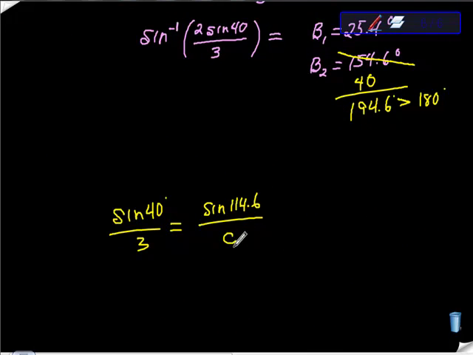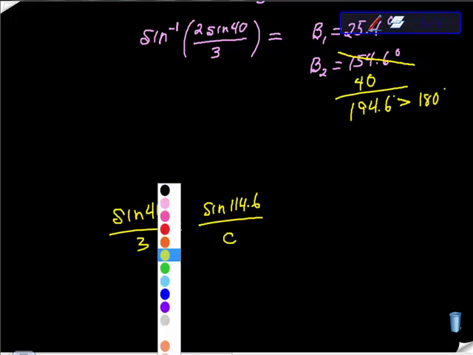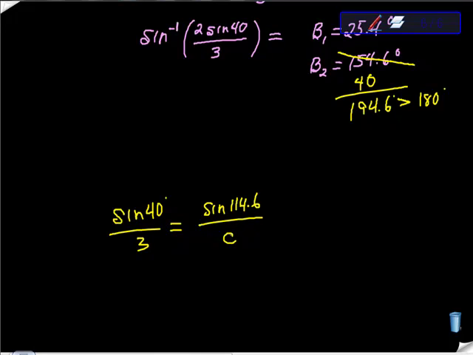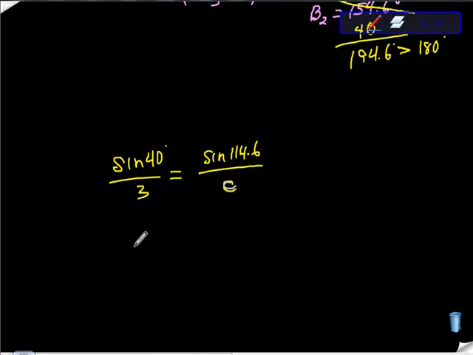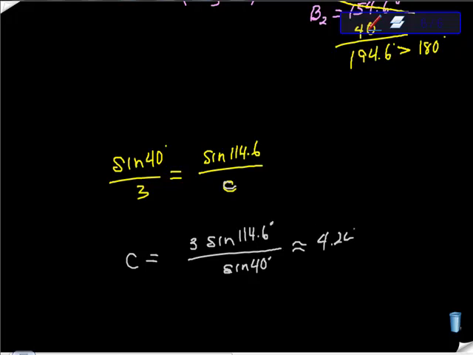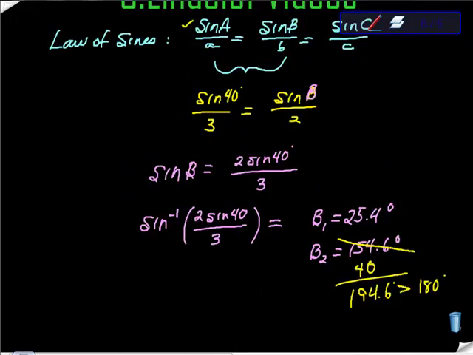Then we push through the math, solving for this value c. We do our algebra, and we get c is equal to 3 sine 114.6 degrees all over sine 40 degrees. That's calculator math, and it's approximately equal to 4.24. So we've solved our triangle.